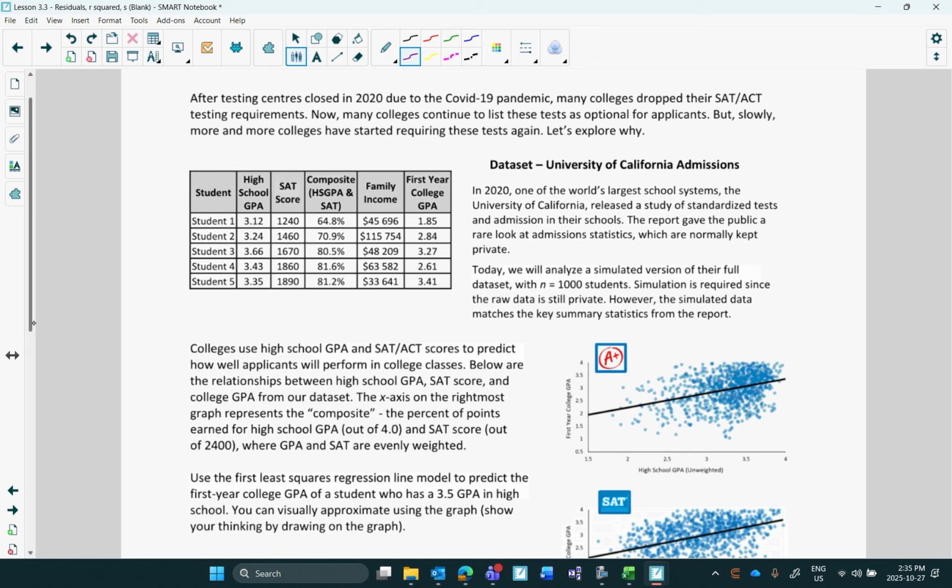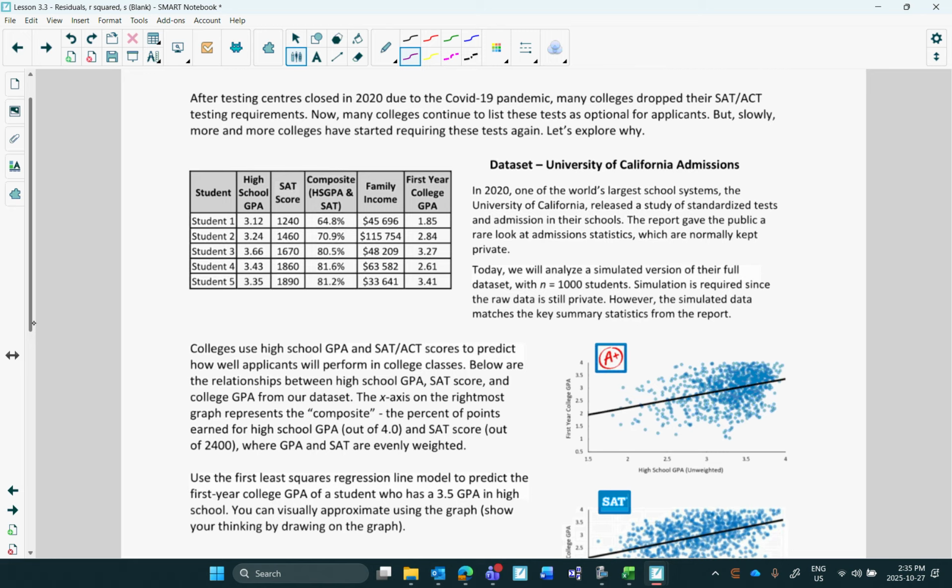So during COVID, a lot of universities and colleges in the States, they dropped the SAT, ACT requirements. Okay. Once COVID ended and people started going back to colleges, some still have them as optional, but slowly most colleges and universities are bringing them back again. Okay, SATs or ACTs.